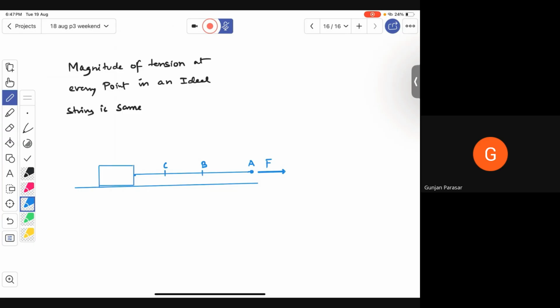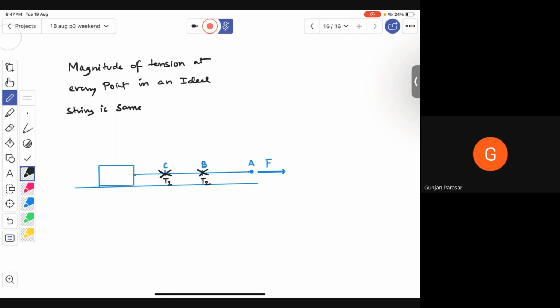And I don't know what tension it is going to be at B and C, so I assume them to be different. But whatever it might be, ideal or non-ideal, for any string, tension will be an action-reaction pair at any point and will act along the string, and it will be of tensile nature, which is there for every kind of string, not just for some string which is massless.